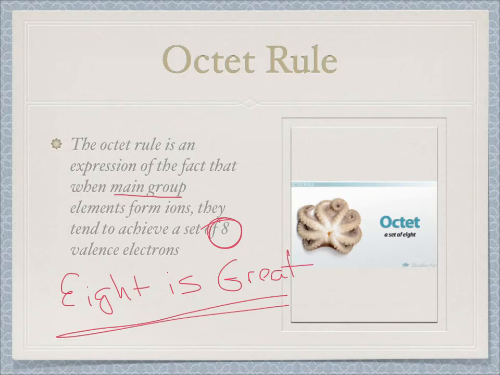Always trying to get to 8, either by losing an electron and going down a level, so if you've got sodium, which has 1 valence electron, it'll try to get rid of that one, and then its next level is full. Or if you've got chlorine, which has 7 valence electrons, and it's trying to steal this electron to get 8. Either way, they're trying to get to 8.